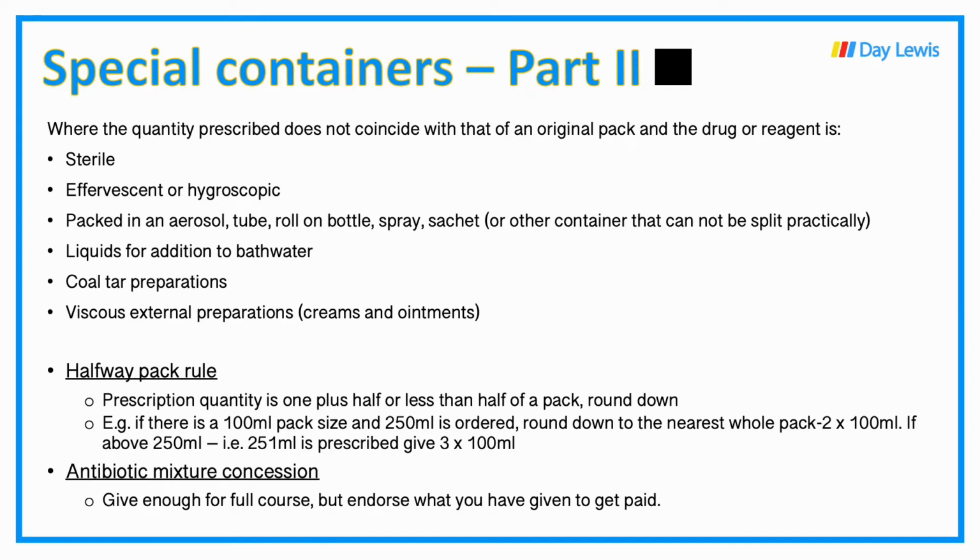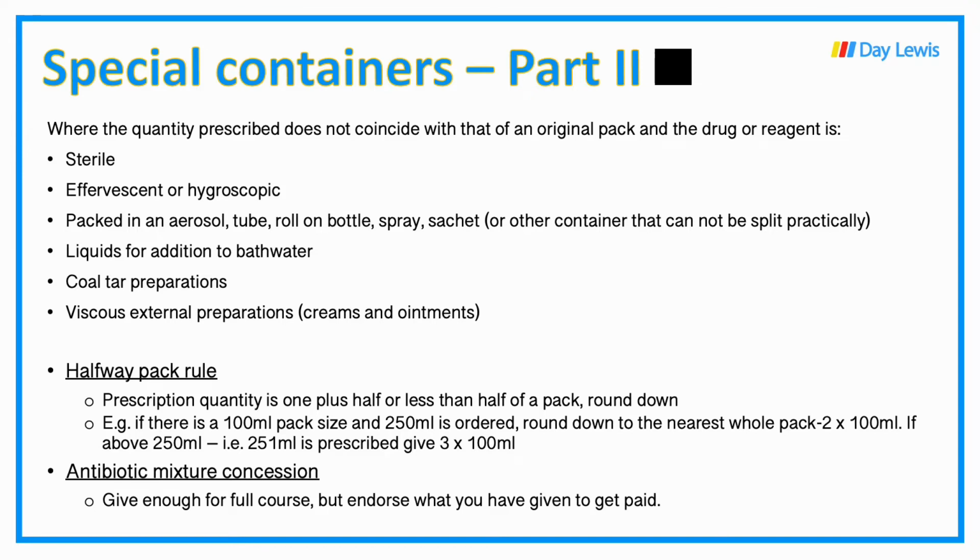So here you would now need to think about the halfway pack rule if a prescriber has prescribed you an item not to the pack size which is able to be dispensed in. So for example, this would be a prescription quantity that is 1 plus half or less than half a pack, in which case if it's less than half a pack then you would need to round down.